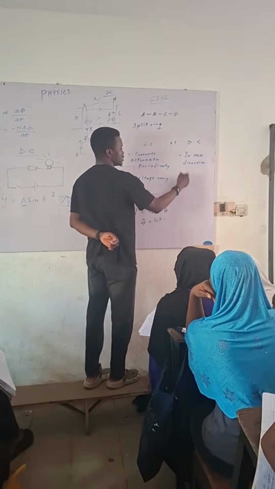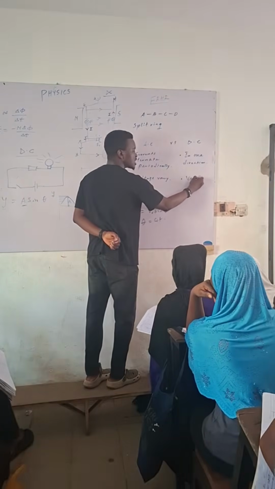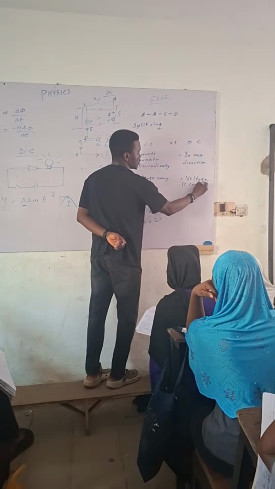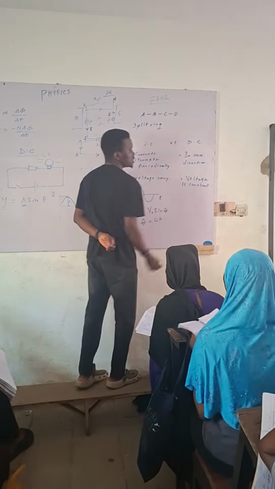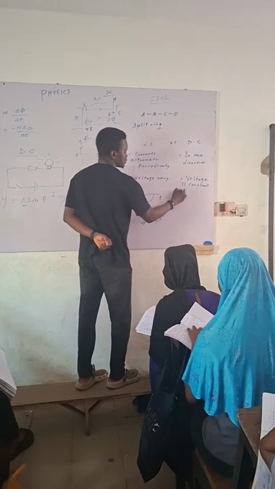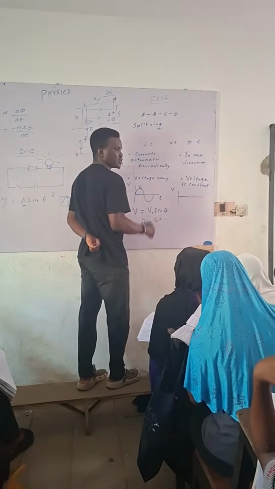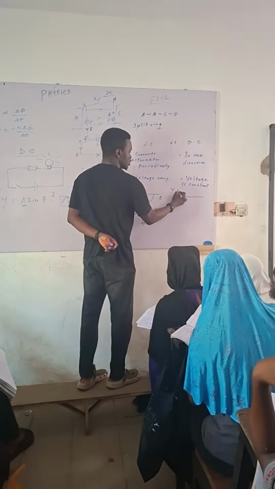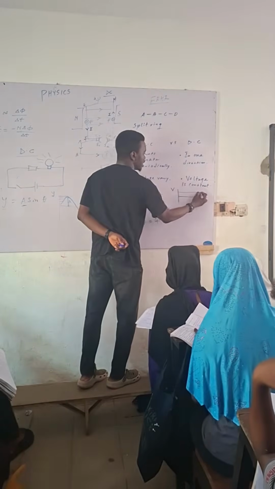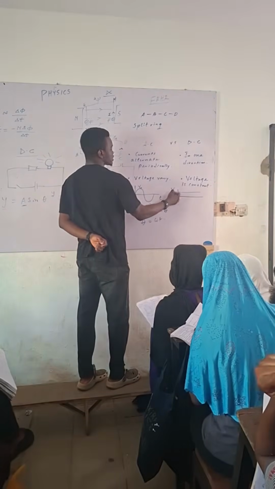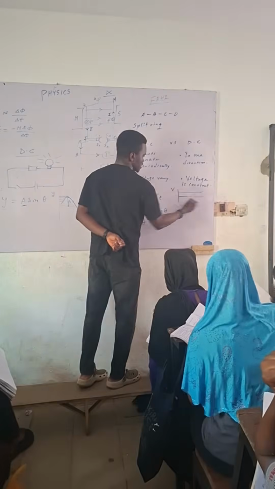But for DC, we usually have a constant voltage. If you buy a battery, they'll just tell you it's 12 volts. In this case, the voltage remains constant, so it's not changing. If you draw your graph, it will just have a particular value. 6 volts, 3 volts, 10 volts, whatever voltage it is, it's just constant.